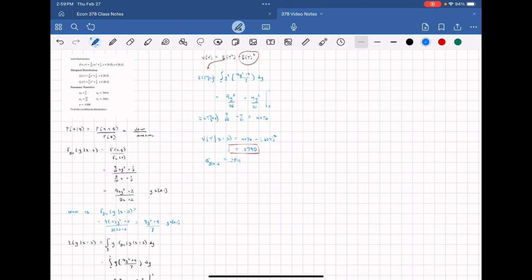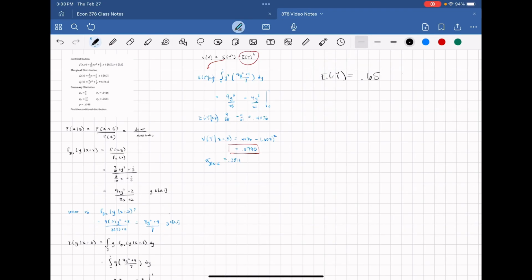One thing to note real quick is if we want to compare: the unconditional expected value of y is 0.65.